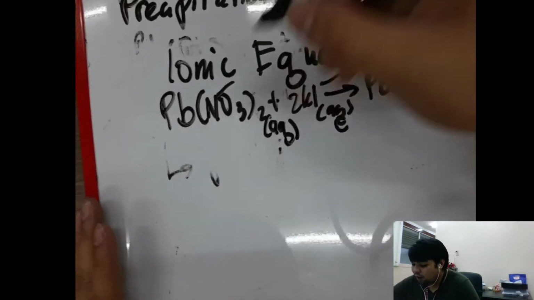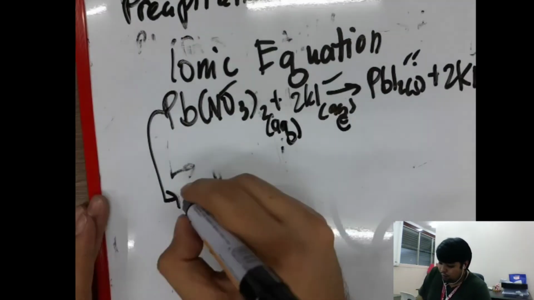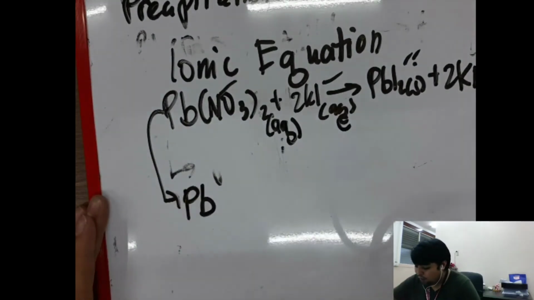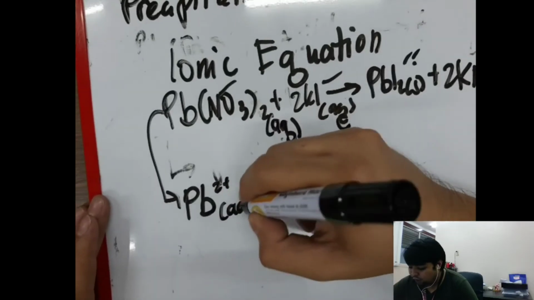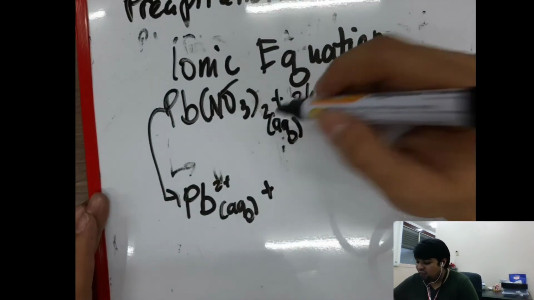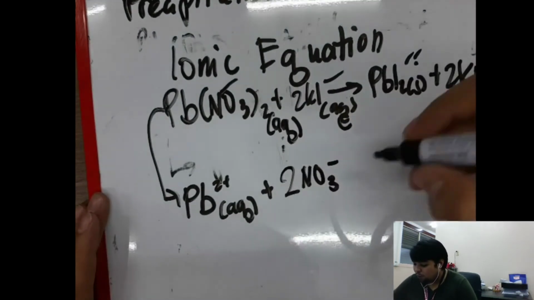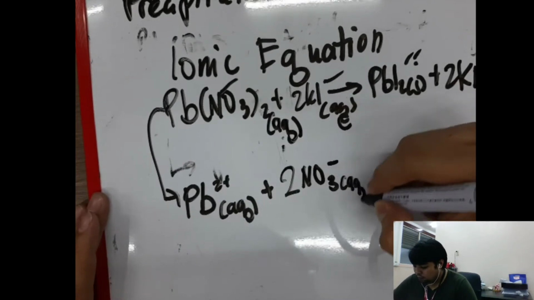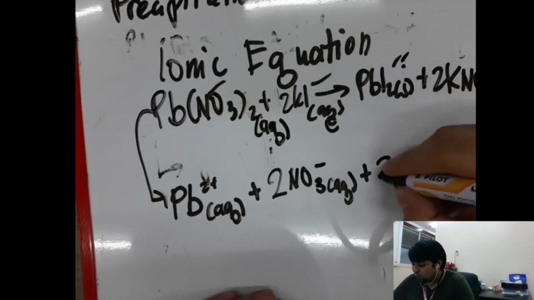So the ionic equation, therefore, will be Pb 2 plus for lead 2, which is aqueous. Then, since the subscript of nitrate here is 2, the coefficient of the nitrate ion will be 2. Plus, since the coefficient of potassium is 2, it will also be 2.